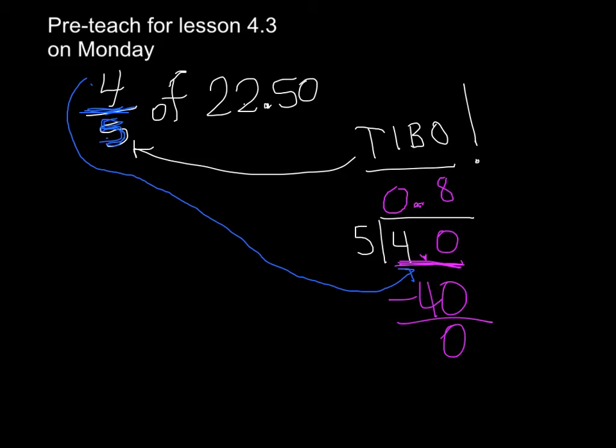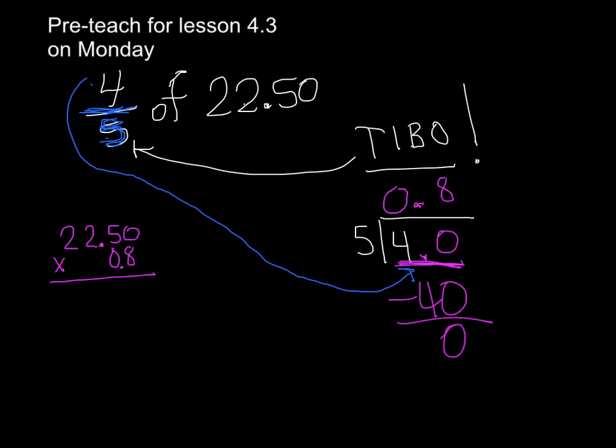Now, the last step to solving this is take the money times the fraction. And I did not write that very good. Ooh. It should be there. We don't line up our decimals when we multiply. That's for everything else, adding and subtracting.